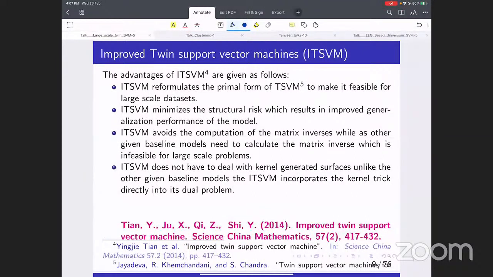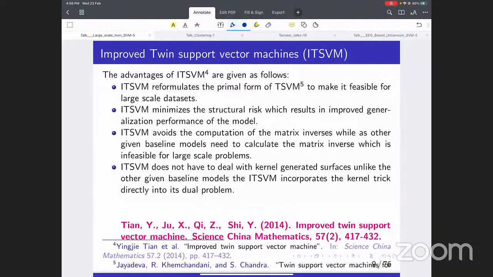IT-SVM minimizes the structural risk, which results in improved generalization performance of the model. And IT-SVM avoids the computation of matrix inverses, while other baseline models need to calculate the matrix inverse, which is infeasible for large scale problems.